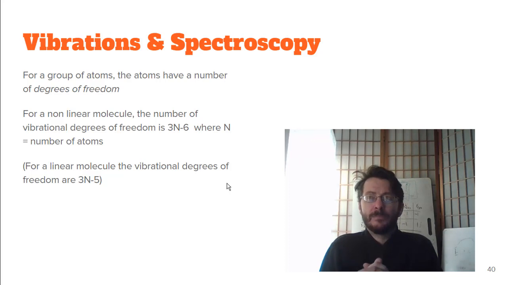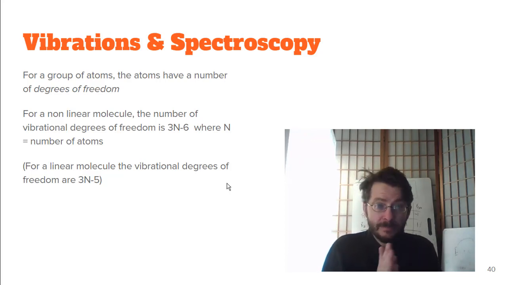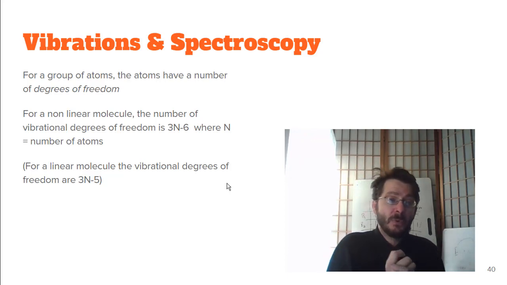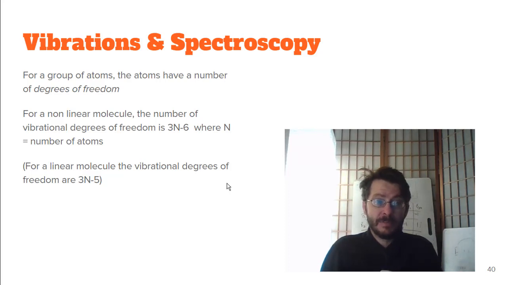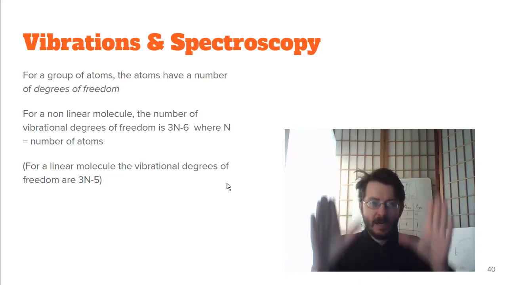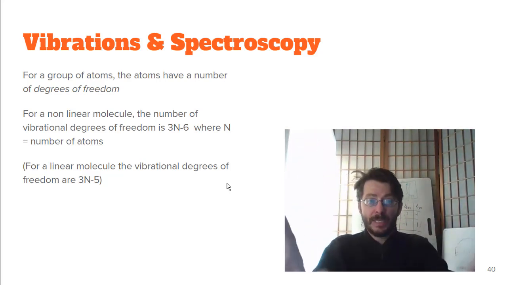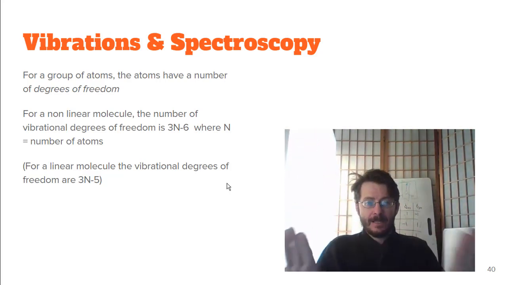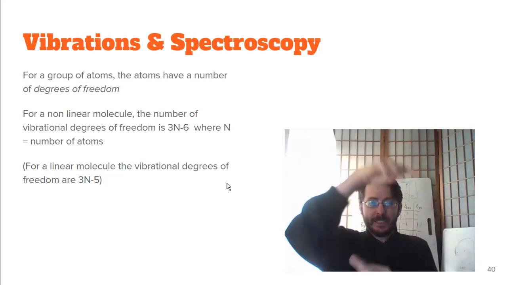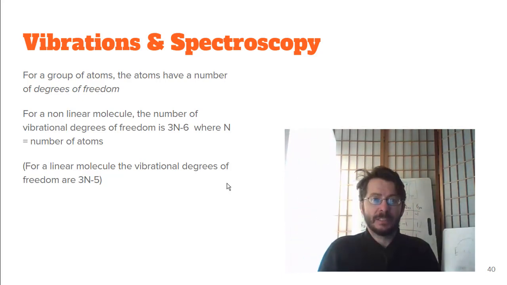For a group of molecules, we talk about the degrees of freedom, something you've heard before. For a non-linear molecule, the number of vibrational degrees of freedom is 3n minus 6, where n is the number of atoms. This has to do with rotations and translations, so that's what the 6 is: the 3 rotations and the 3 translations.